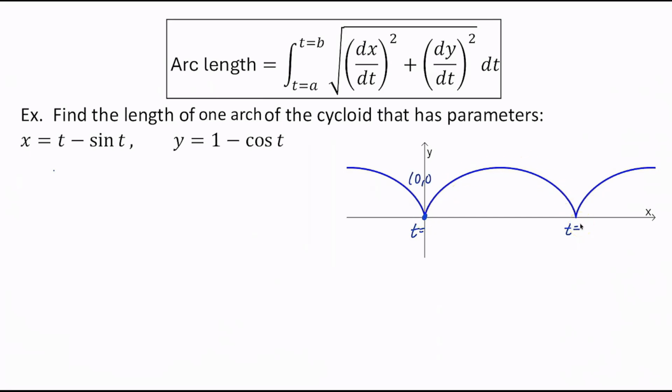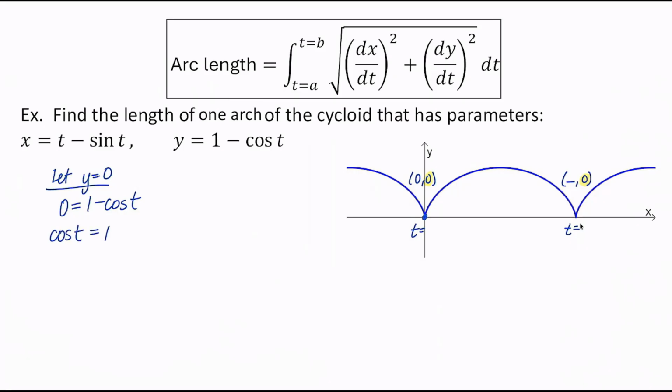So we know the coordinate points are 0, 0 here, and then some number comma 0. So once again, the y value has to be equal to 0 in order to find the t equals a and t equals b. So once again, I need to let y equal 0 to find these t values. So 0 must be equal to 1 minus cosine t, or cosine t must be equal to 1.